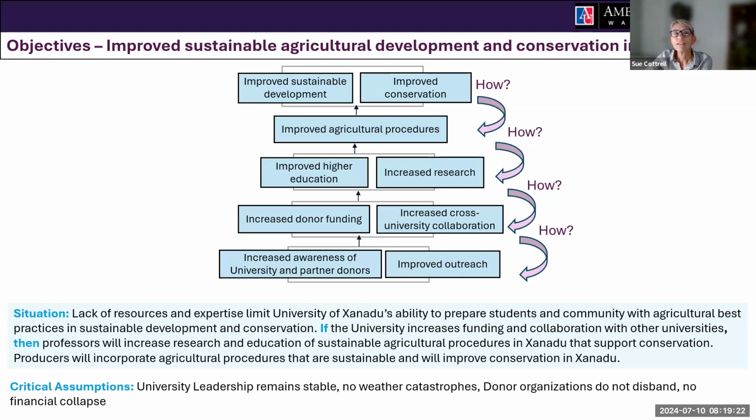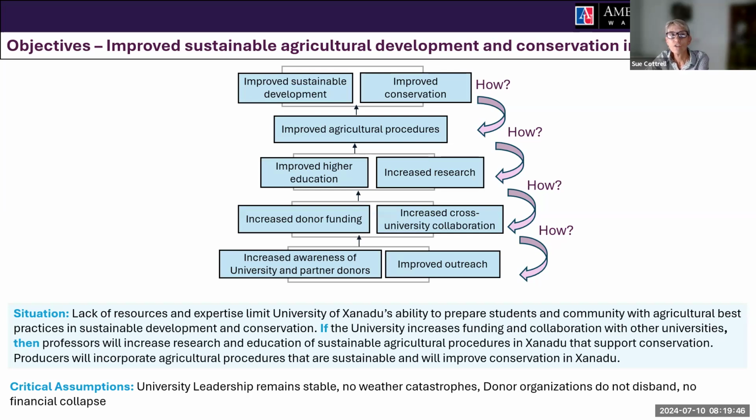And then you ask how. How can you improve sustainable development? Well, if you improve the agricultural procedures, you will improve the sustainable development. If you improve conservation, how would you improve conservation? By improving your agricultural procedures, that will help improve your conservation. So how would you improve your agricultural procedures?